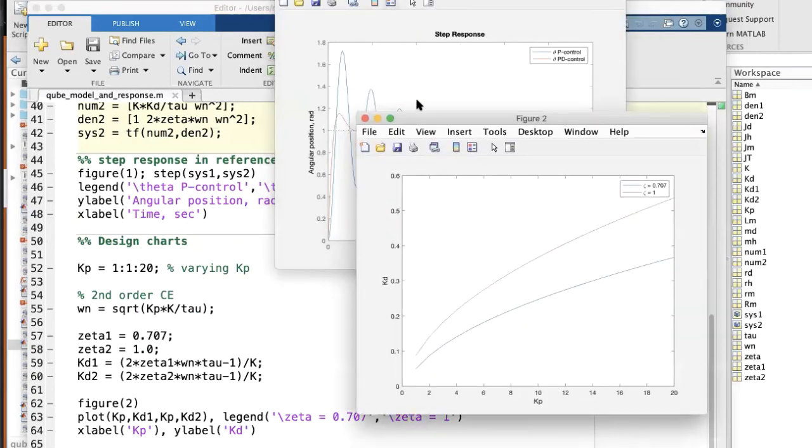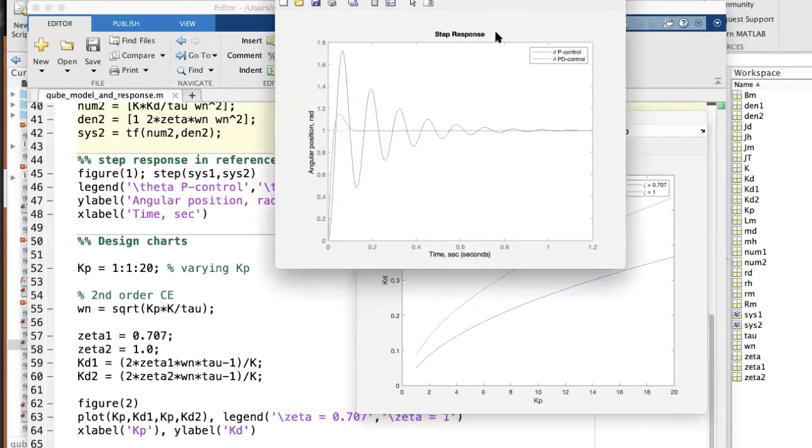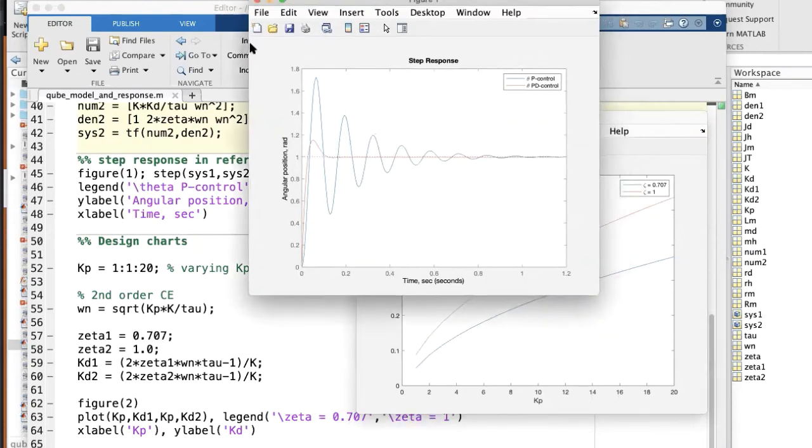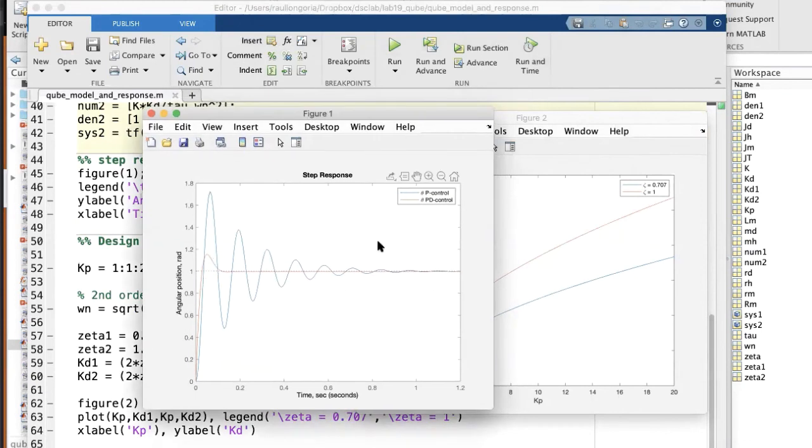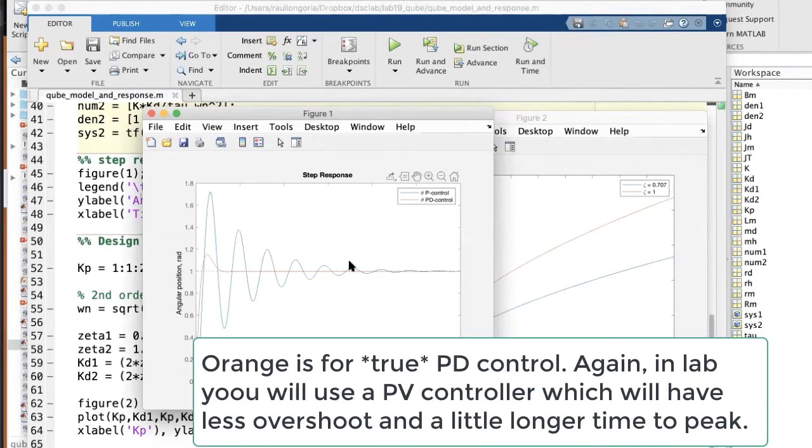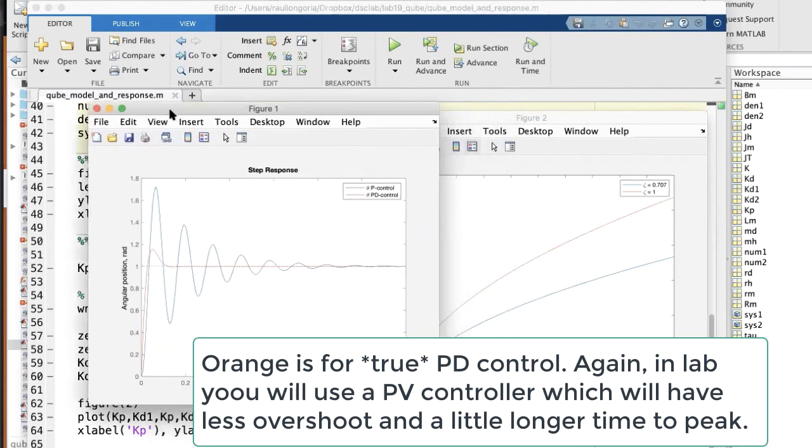So there's 2 things to look at here. First, this is what you should expect to see in the lab. So this plots, the blue one is the P control. That's what you should see when you only have P control. You see how that overshoot is so high, it takes forever to settle? And here's 0.707, the orange there, okay? You should see that if you use it, and you can test this.